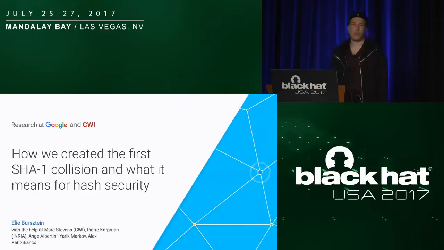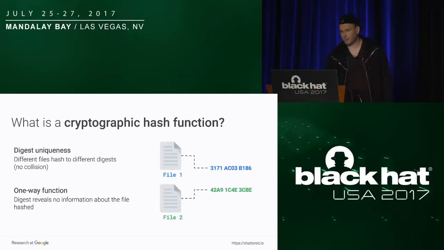Before we get started, to make sure everyone is on the same page, let me quickly recap what a hash function is. It's basically a function which takes a file of arbitrary length and reduces it to a fixed-size string, which we call a digest or a hash. This hash has two specific properties which are very important for security.